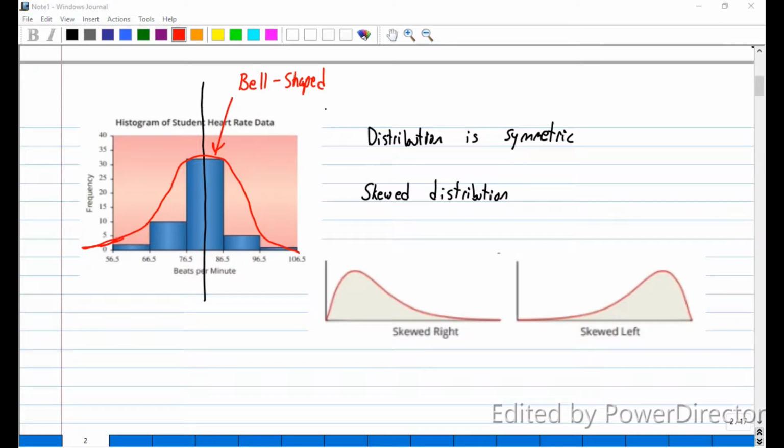But it is important. Another way to present data is by a stem and leaf plot. All right, has anyone ever seen a stem and leaf plot? Maybe in a math class.